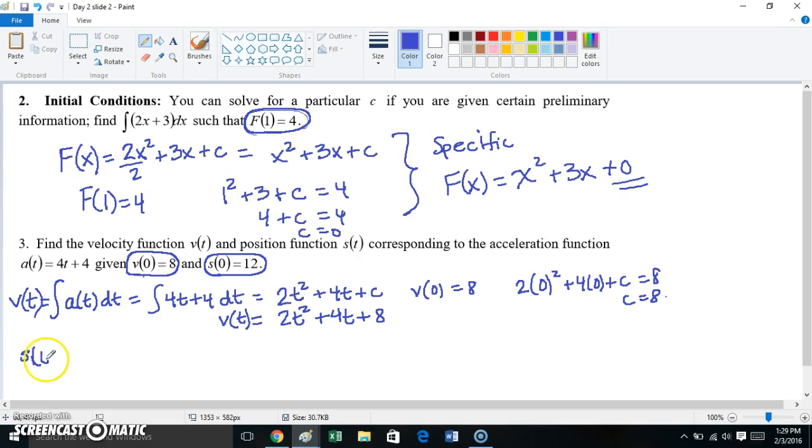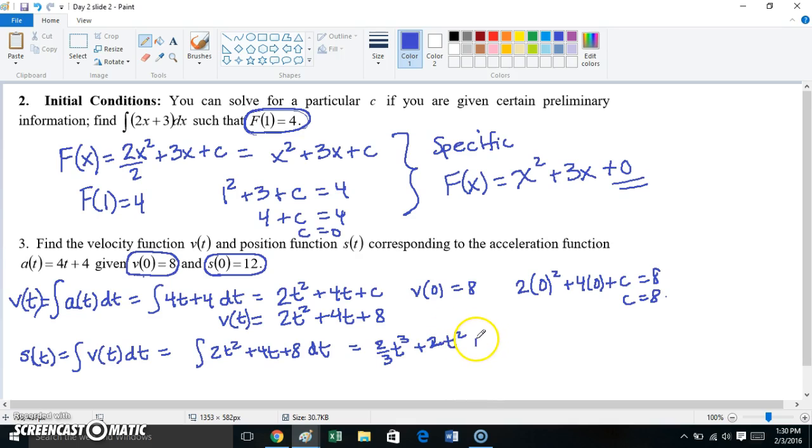Okay, the position function is given by the integral of the velocity function. The integral of 2t squared plus 4t plus 8 dt will be equal to 2/3 t cubed plus 2t squared plus 8t plus c.